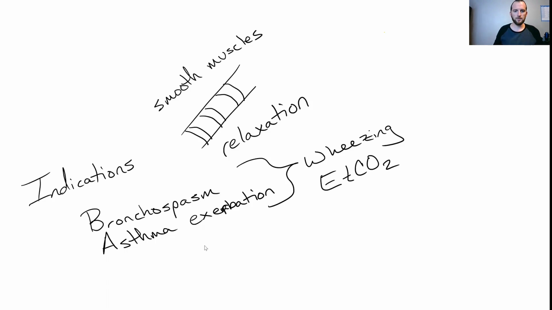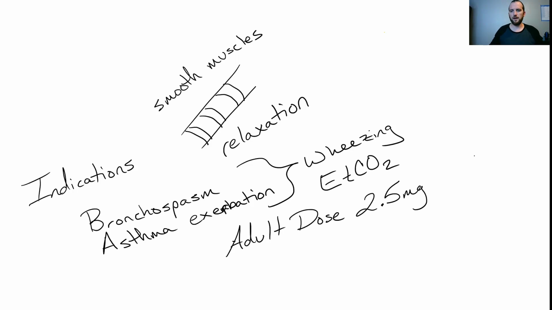All right, so adult dose. We added in just a couple more components. Adult dose is very standardly 2.5 milligrams via SVN. So we nebulize it for them to inhale, or depending on your setup and equipment, you can put it in line with a BVM, where when we squeeze the BVM, we can force some of that albuterol in.